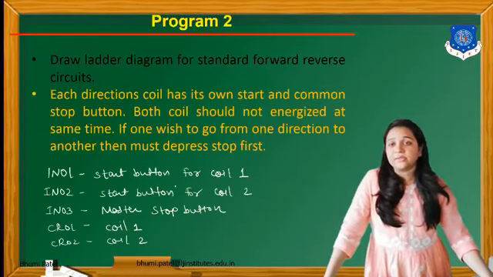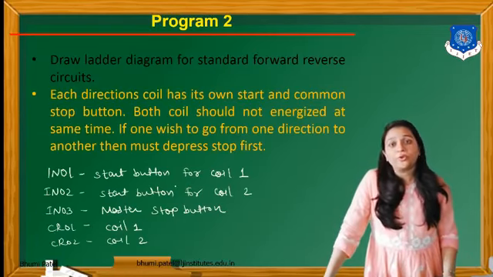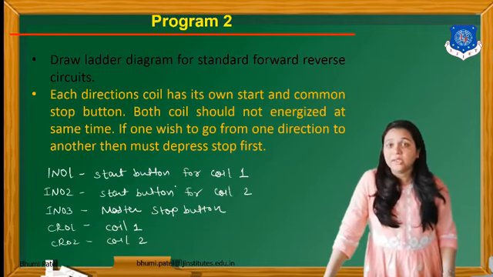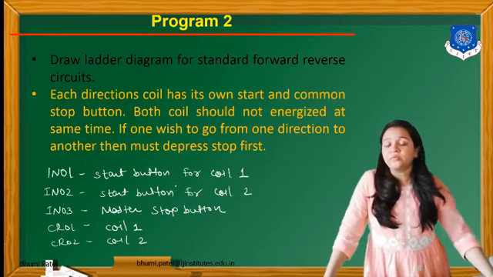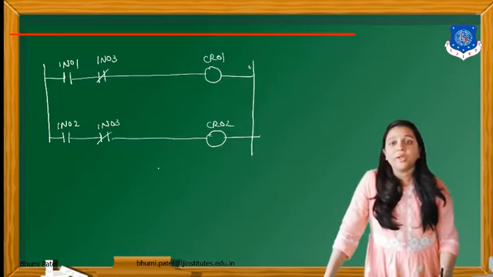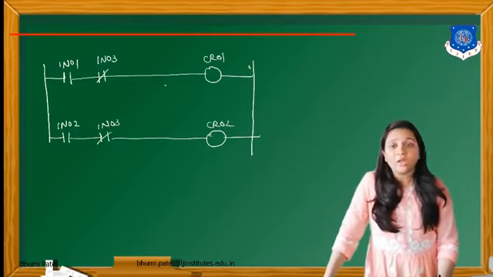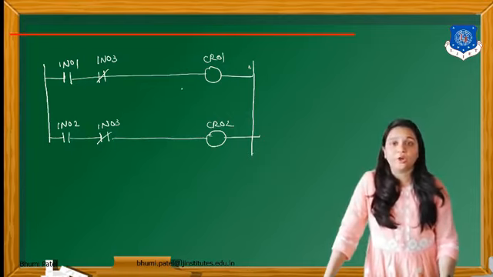Now what is the next condition? If one wishes to go from one direction to another, that means forward to reverse, then must depress stop first. So for that we can put the interlock system here. Now what is an interlock? If more than one output is in the same program, we can provide an interlock for these outputs.